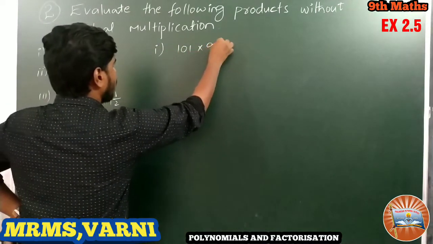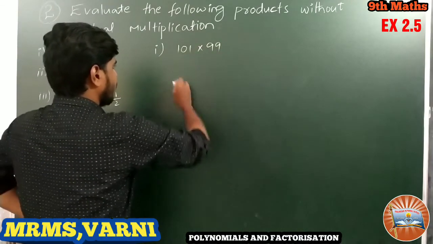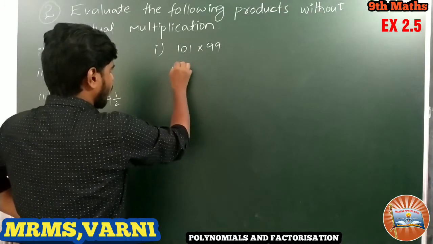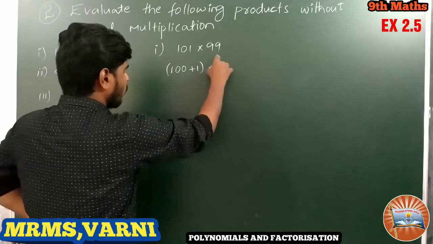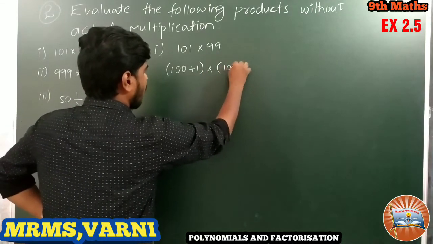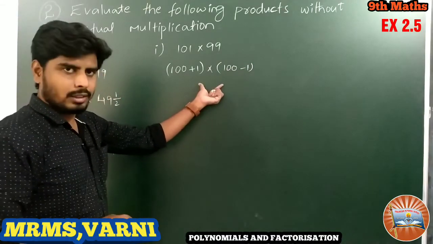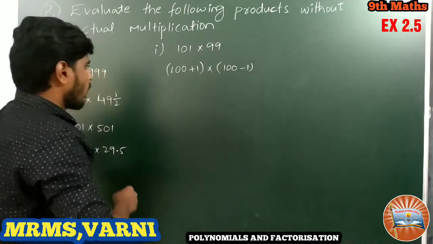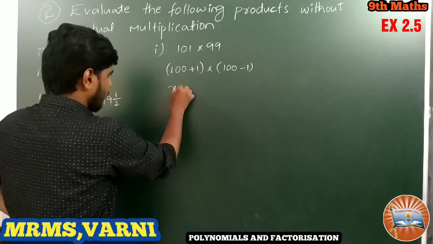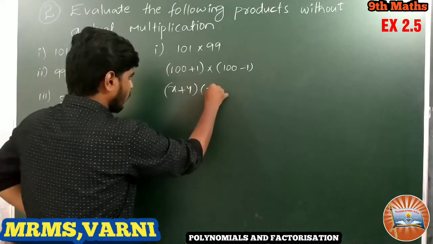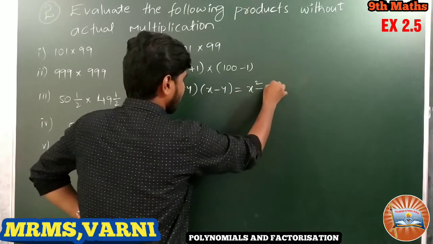101 into 99. So this we can write 101 as 100 plus 1 and 99 as 100 minus 1, isn't it? Can you write like this? Yes, it is right. So it is in the form of x plus y into x minus y, which we can write as x square minus y square.